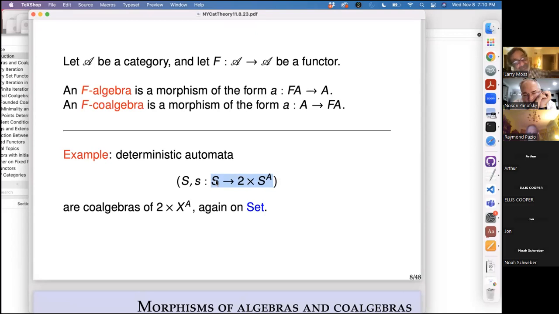Well, it's a set of states, and each state is either tagged as accepting or not. That's the map from S into 2. It's either going to say, hey, it's accepting or not. And then it's deterministic, so for every alphabet symbol and for every state, it gives you a successor state. And when you repackage that a little bit, you see that an automaton is a coalgebra of this functor.